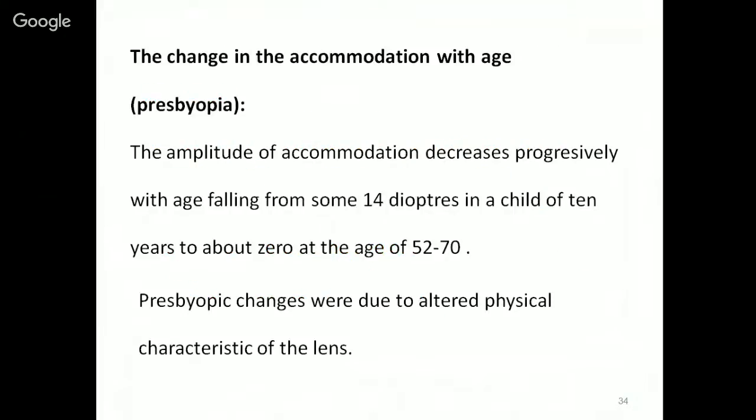Presbyopia, the amplitude of accommodation decreases progressively with age, from 14 as I mentioned before to nearly zero at 70 years.